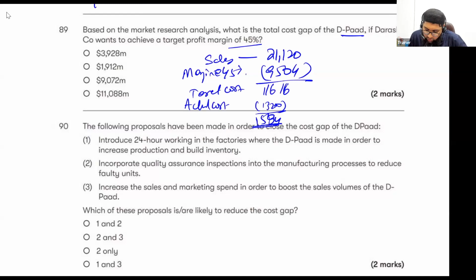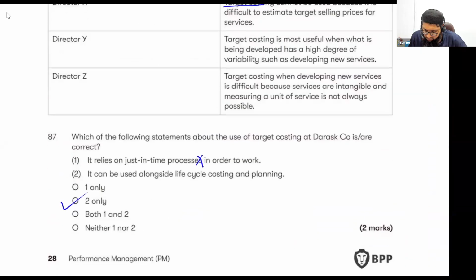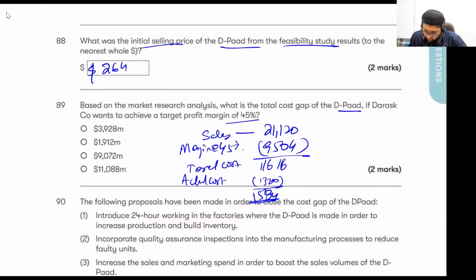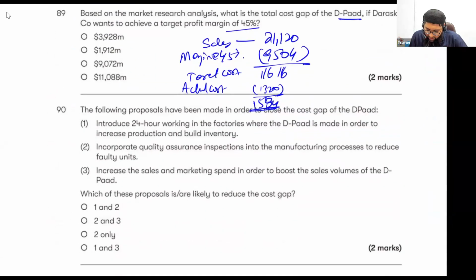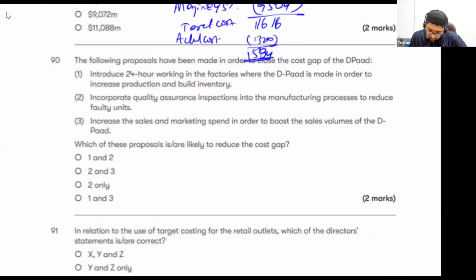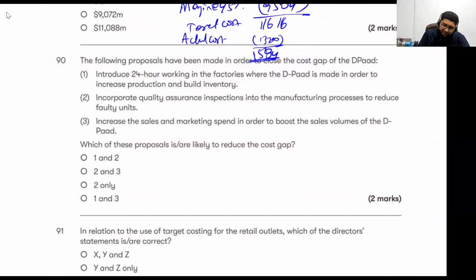Now, what is the total cost gap if Daras wants to achieve a target profit margin of 45%? Unable to see any of the answers in this. Anyways, can you do 90 and can you suggest what could be the answer for 90?